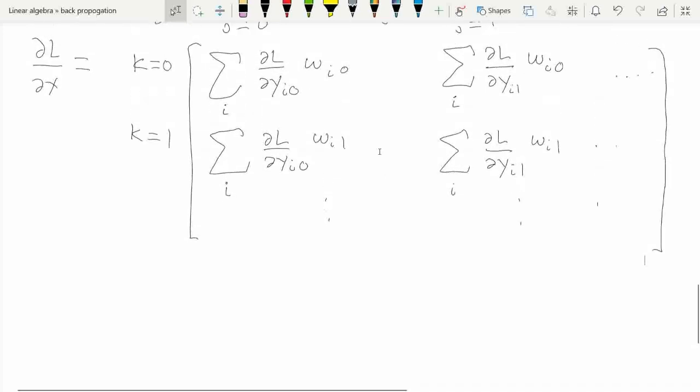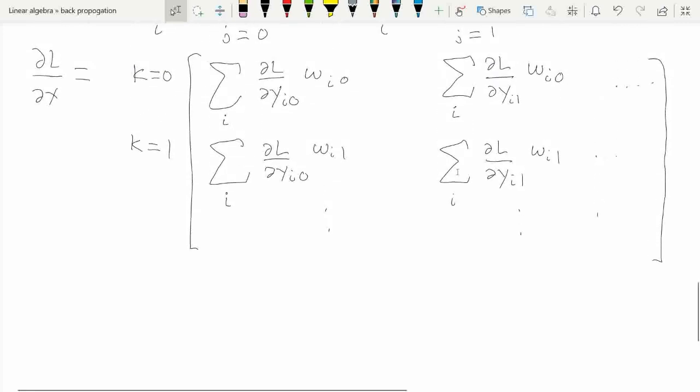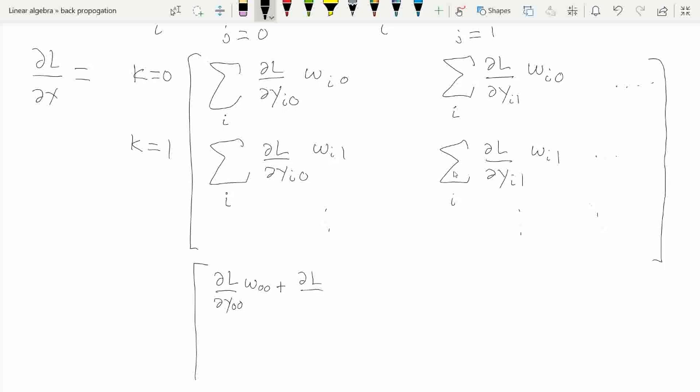And so again, if I write out these sums, then we're going to find out how to write this in matrix form. With i equal to 0, the first entry is going to be del L by del y_00 w_00, plus, with i equal to 1, del L by del y_10 w_10, plus dot dot dot.